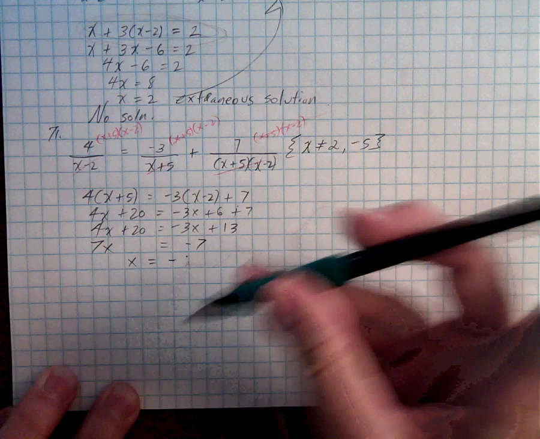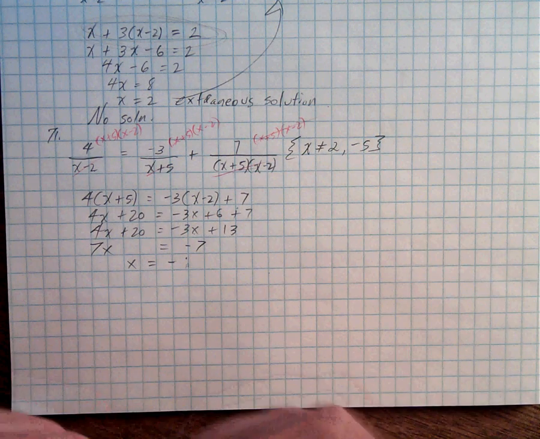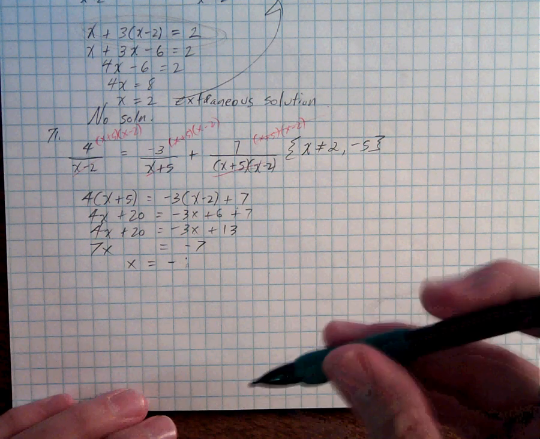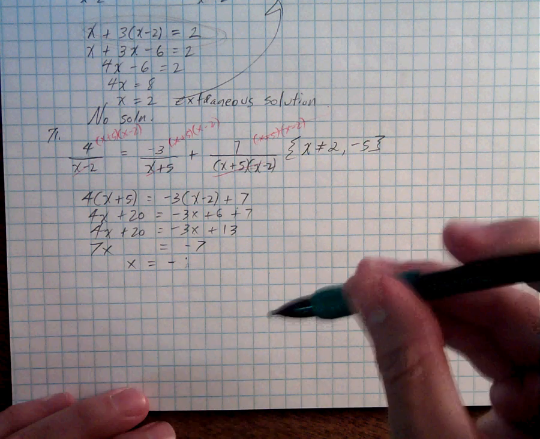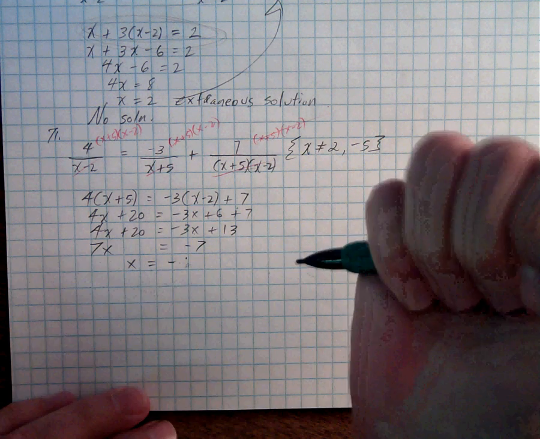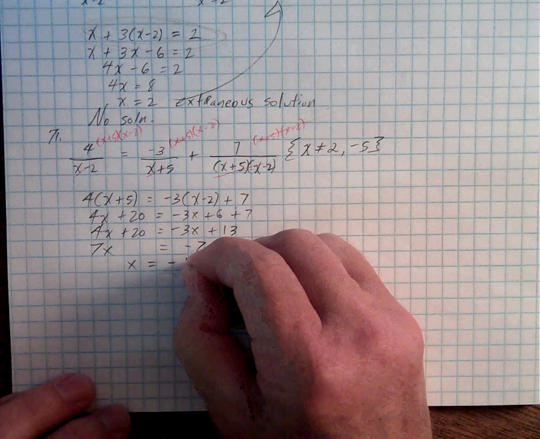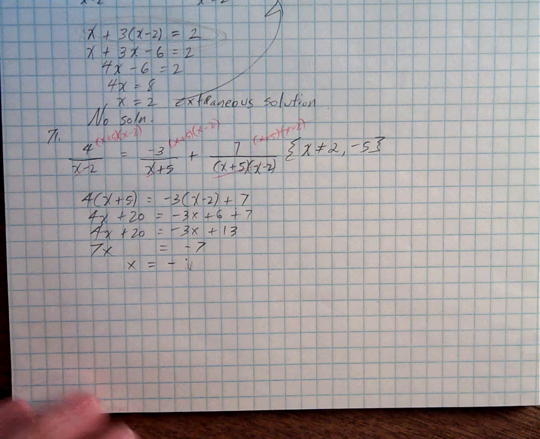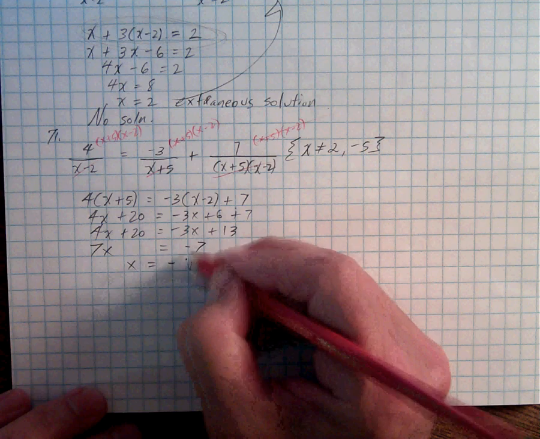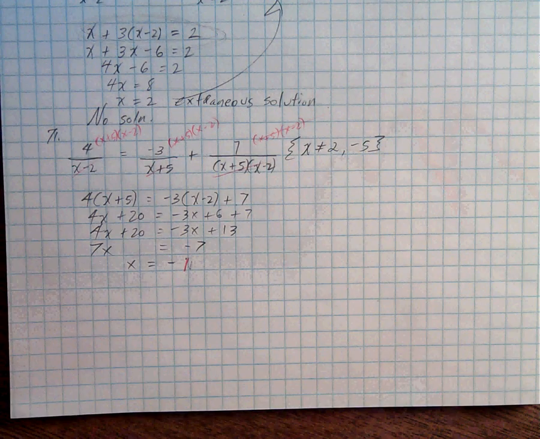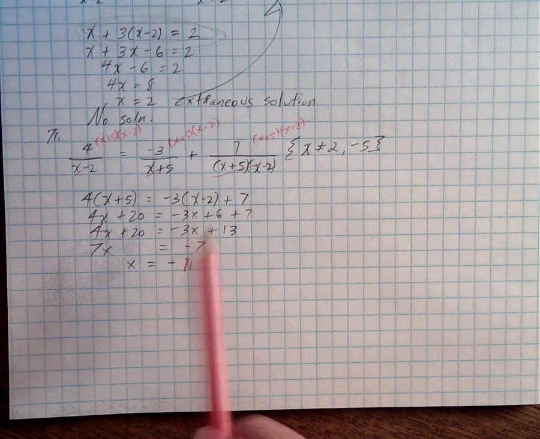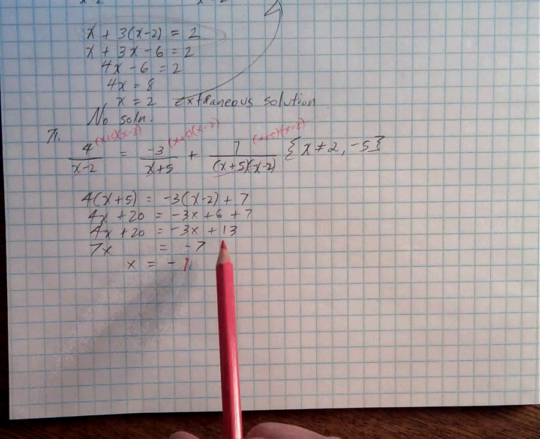I'm going through this lead like crazy. Red pen it is. X is -1. Alright, so that's 71, and let's make sure that's right.